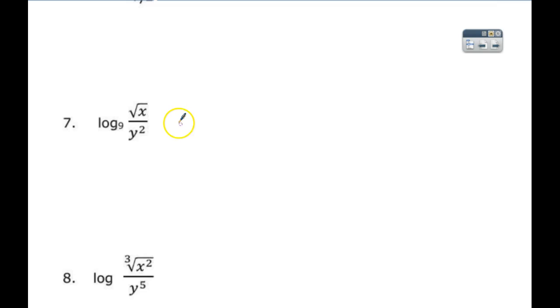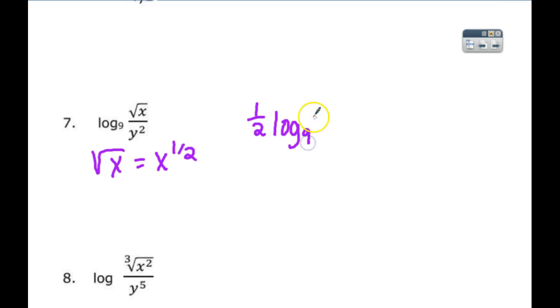So, I'm going to have 1/2 log base 9 of x minus 2 log base 9 of y. The 2 that's actually in the problem, as opposed to the 3 that's not in the problem.